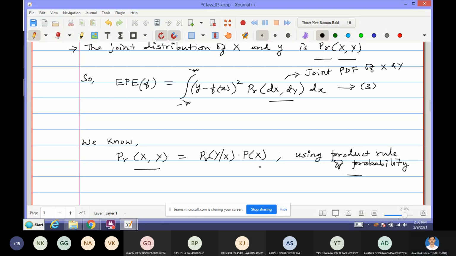So this tells us there is some chance with which we choose the point x, and then the probability of finding the output y for a chosen input x.